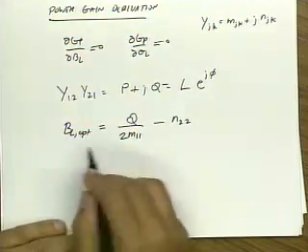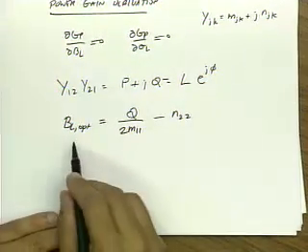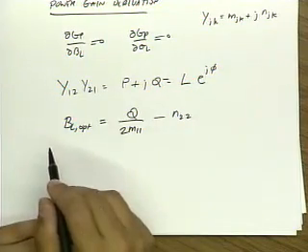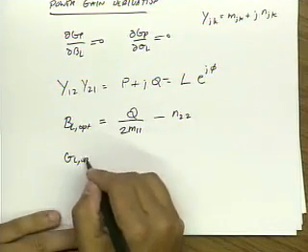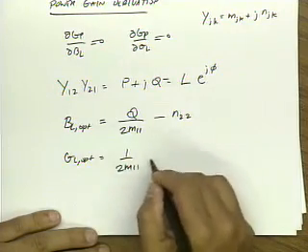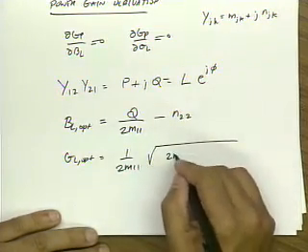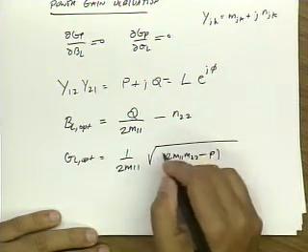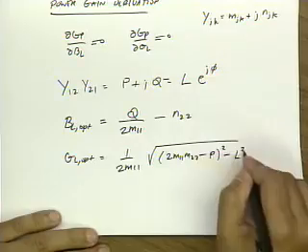This is the solution for the optimum load. This is the imaginary part of the optimum admittance, and the real part of the optimum admittance is given by 1 over 2 M11 times the square root of (2 M11 M22 minus P) squared minus L squared.